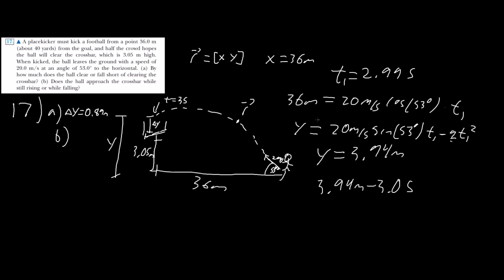So all we have to do is take the derivative: 20 meters per second times sine of 53 degrees, minus g t, or minus g times 3 seconds. So 20 sine of 53 degrees minus g t, and that would be negative 13.34 meters per second.